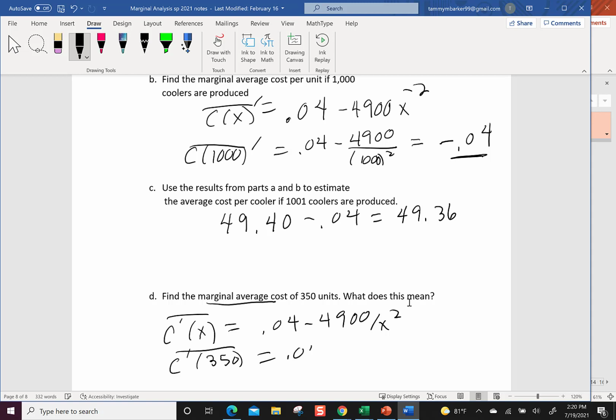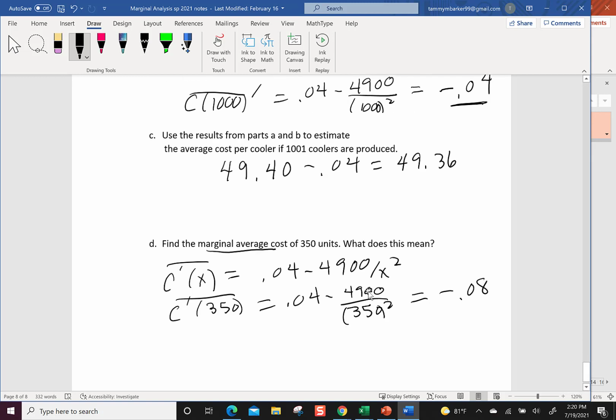So 0.04 minus 4,900 over 350 squared. I get negative 0.08. This says that the average cost per unit will decrease by 8 cents when we increase production from 350 to 351.